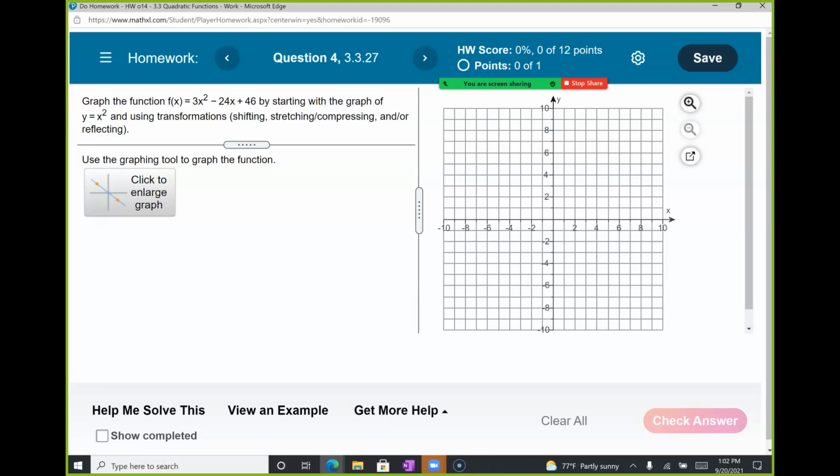Here's a good one, number 4. I want to graph this function by completing the square, just like last time. In fact, let's see if we can answer some other things for this one. Let's find a domain. Let's find a range. Let's find intercepts, right?